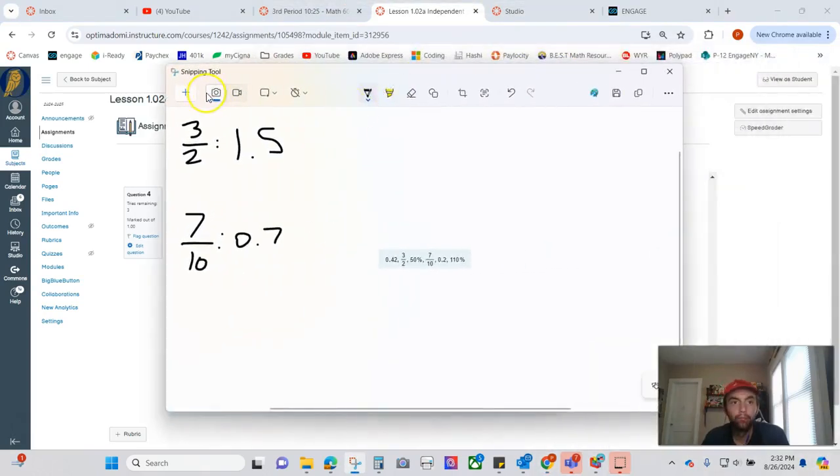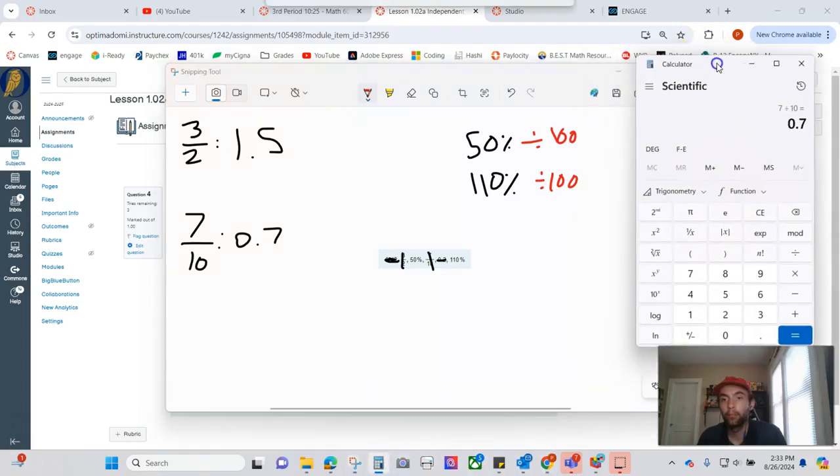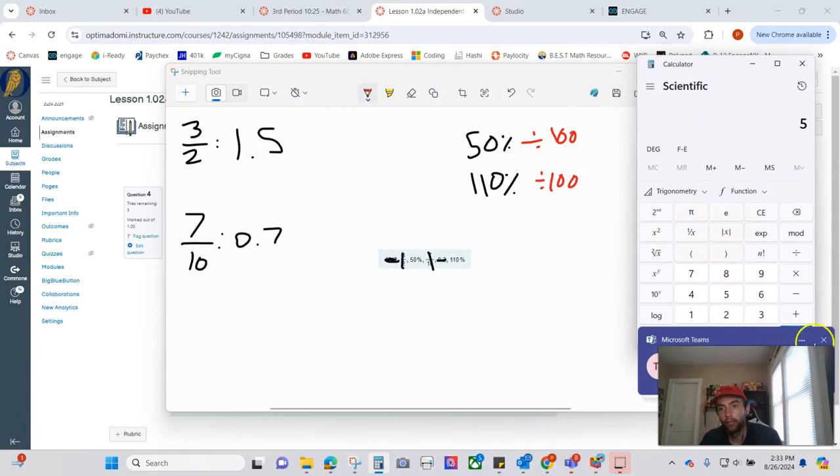Now let's finish it up. So we did the decimals and the fractions. Now let's do the percents. To turn a percent into a decimal, we can divide that percent by 100. Now in your calculator, do not click a percent button. So 50, then divided by 100.